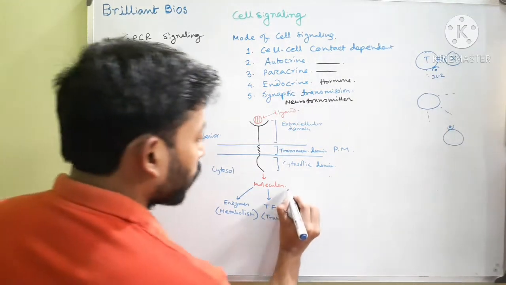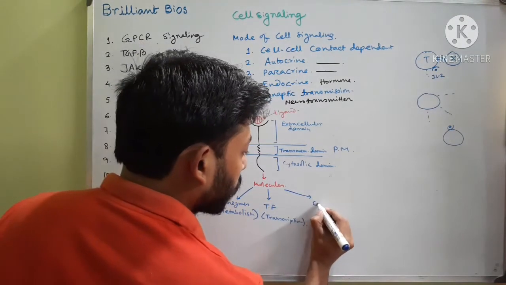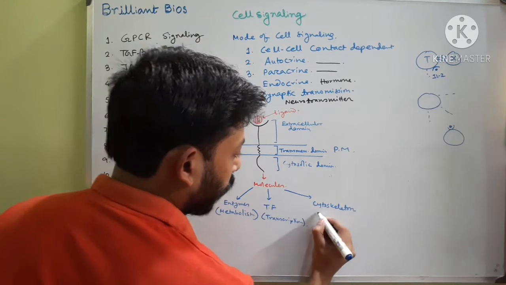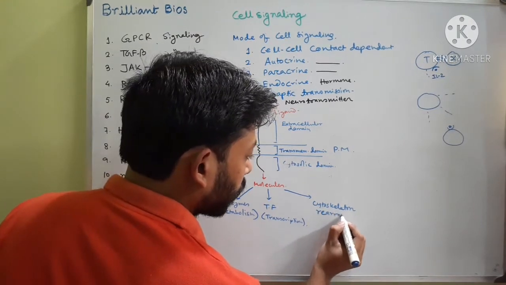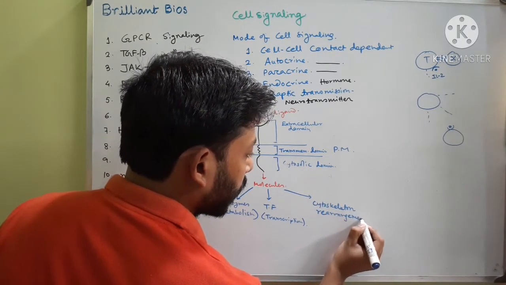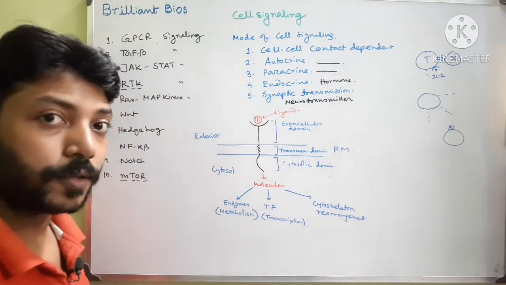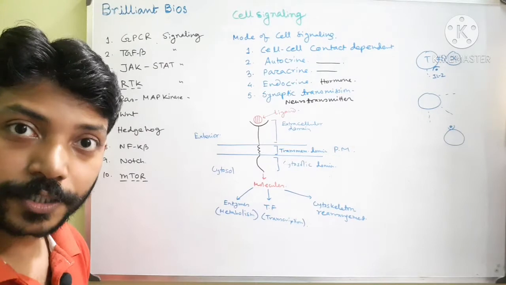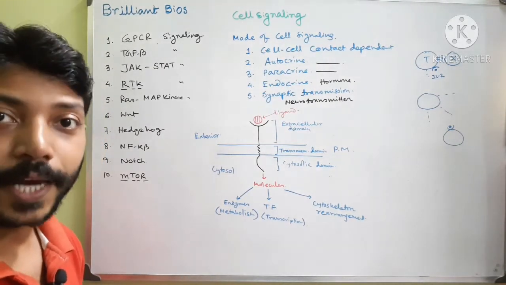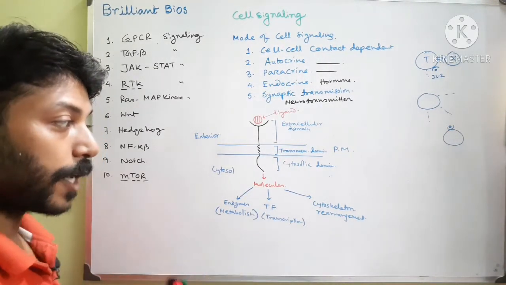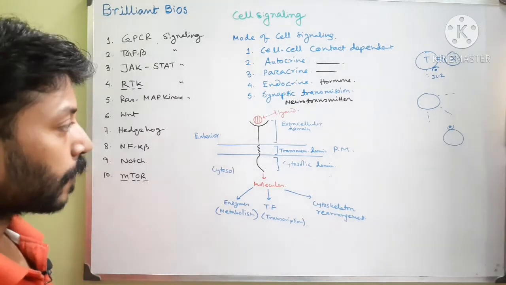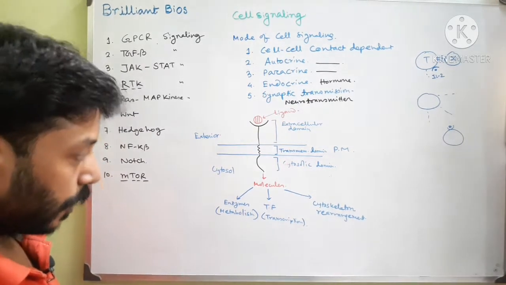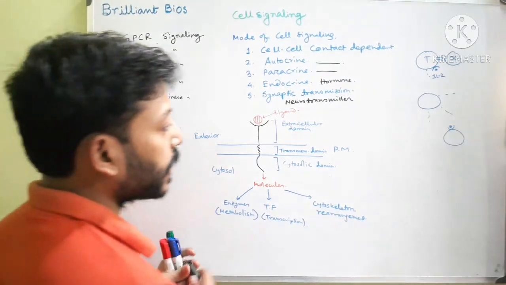Another is cytoskeleton rearrangement. This is another important thing that occurs by cell signaling during cell division or when a cell tries to migrate to another site. Cytoskeleton rearrangement occurs.